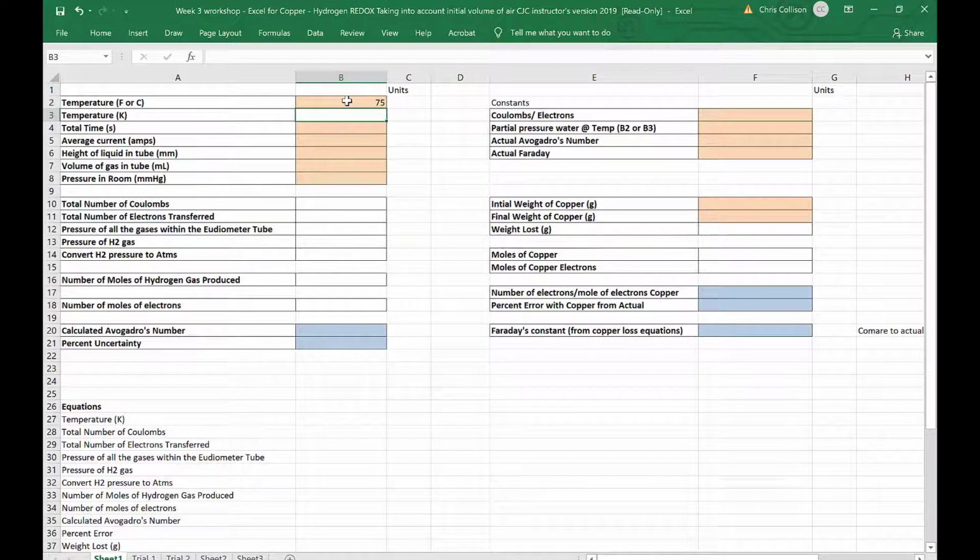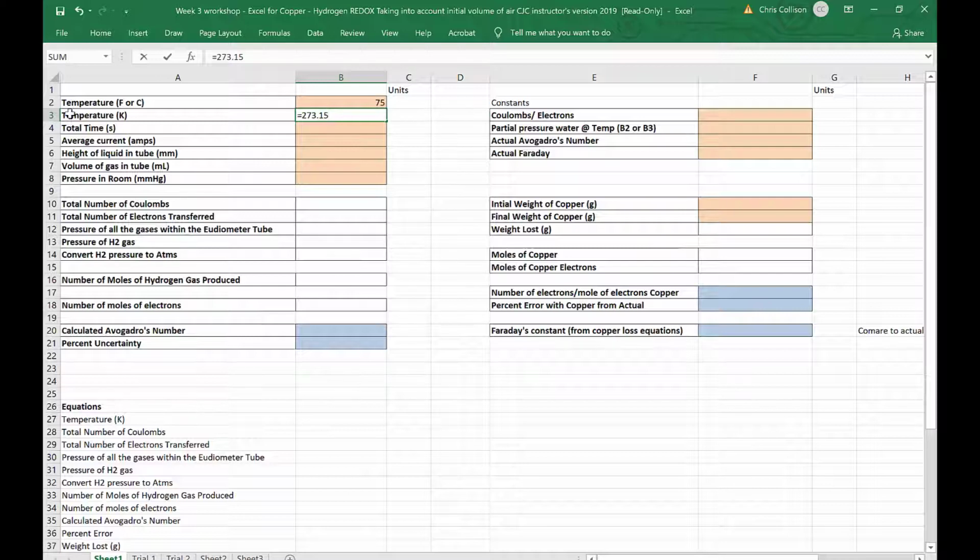You're going to measure it independently. How do we calculate the temperature in Kelvin? Well, what we need to do is recognize that a Kelvin temperature of 0 degrees Celsius or 32 degrees Fahrenheit is equal to 273.15.